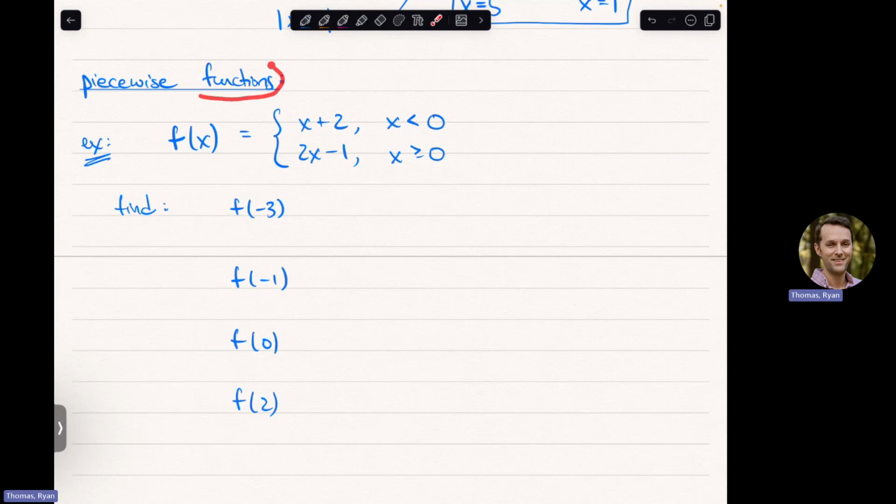These are just functions whose rule operation, like the way that they turn x into y, depends on what x is. So a good example for just kind of thinking about it might be something like really anything where the way the rule applies depends on something about where you are.